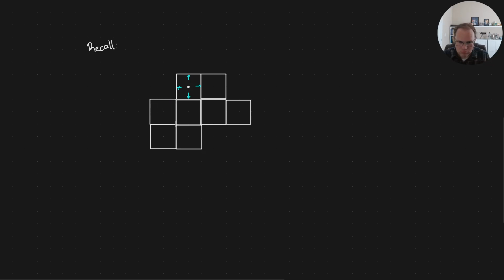Okay, so if we imagine a little region made up of these squares, imagine that all of this is region D. Okay, the boundary here is the boundary of our region.